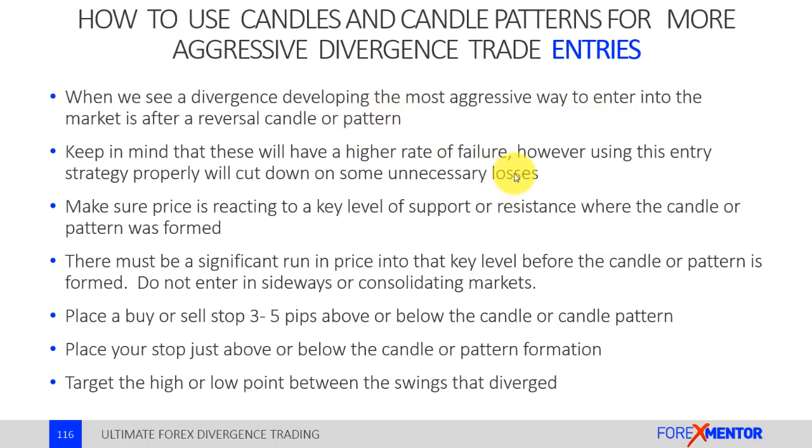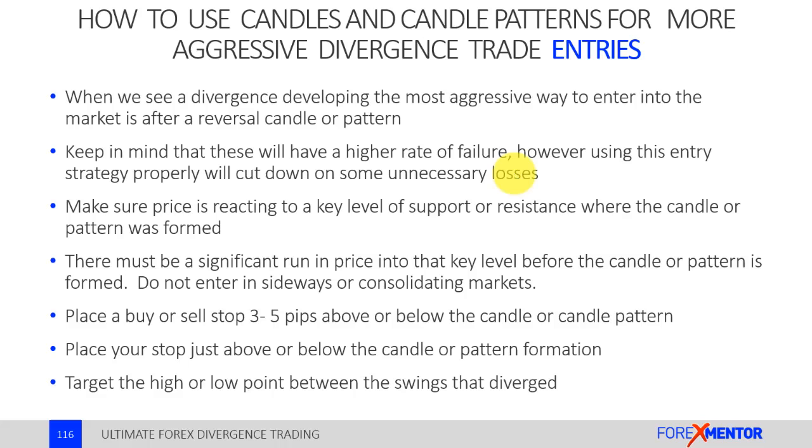So we're using the same target method as we use for any other divergence. We're targeting that higher low point between the points that diverged. As you can imagine, this allows for some crazy reward to risk when you're trading this method. But also keep in mind you're going to have more losses like this because you're going to have more false signals. That's just how it goes.